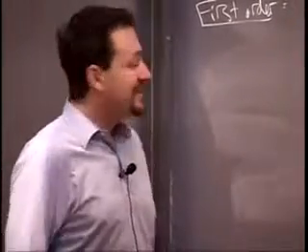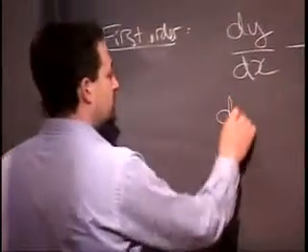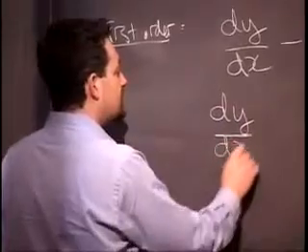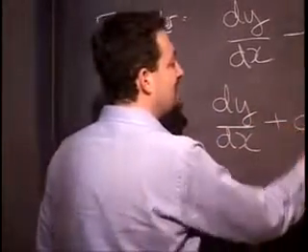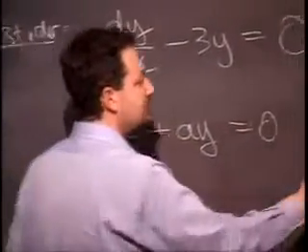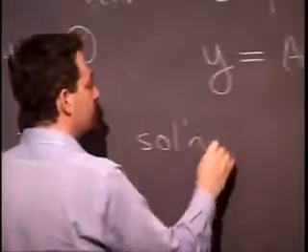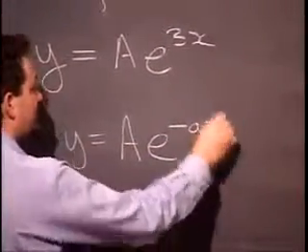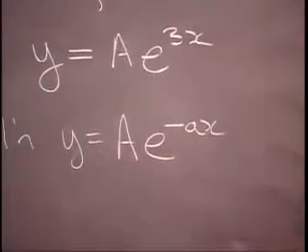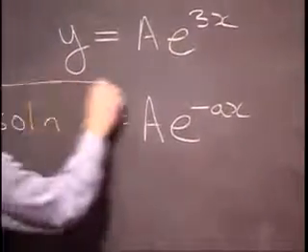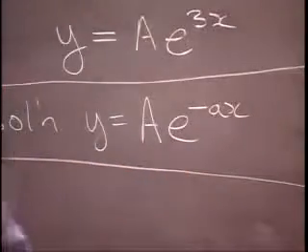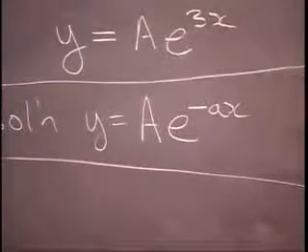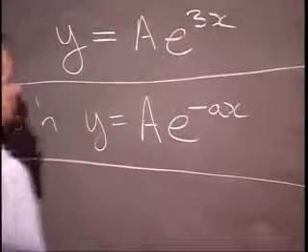No problem. In general, it is worth knowing that dy/dx plus ay equals 0 has solution y equals capital A e^(-ax). Even though you can work it out pretty quickly, it's so common that you're supposed to just know this.